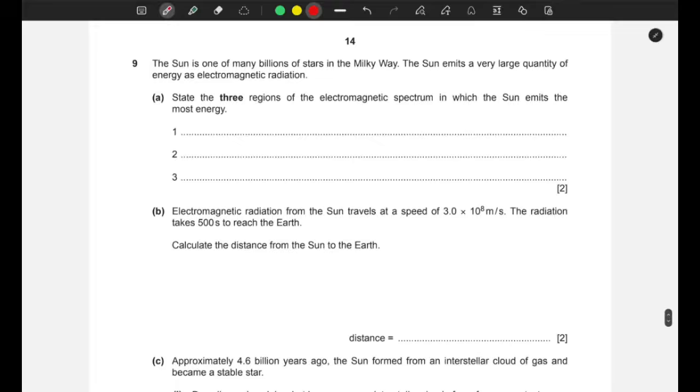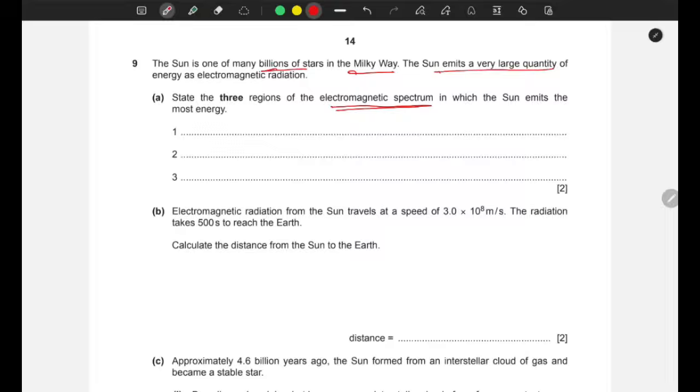Question number 9, and I believe this is the last question. The Sun is one of many billions of stars in the Milky Way. The Sun emits a very large quantity of energy as electromagnetic radiation. State 3 regions of the electromagnetic spectrum in which the Sun emits the most energy.